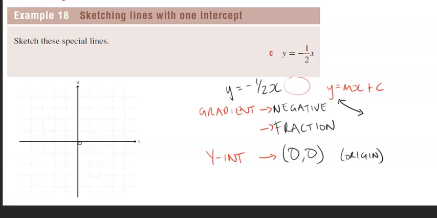Okay, so we know our first point is here. Now I've been kind of indicating that the line goes like this. This isn't the case. The line goes down because it's a negative gradient. 1, 2, 3, 4, -1, -2, -3, -4.